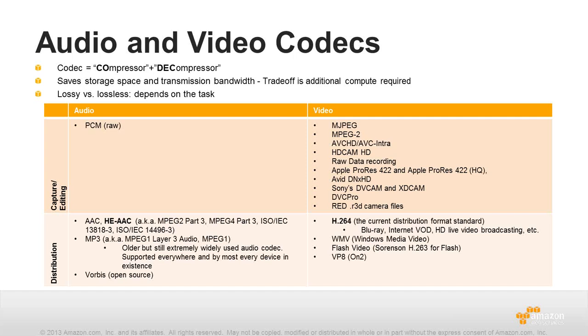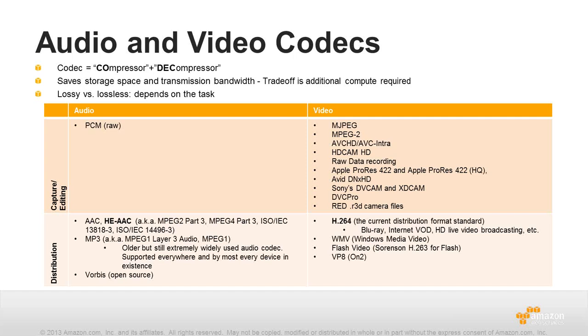So let's talk a little bit about audio and video codecs. This is kind of a busy slide, and I'm not going to get into all the details here. But the idea behind codecs, so a codec is an acronym for compressor and decompressor. So when you're taking a source-level video or audio, you want to compress it so you can save space and make it easier to transmit over the network.